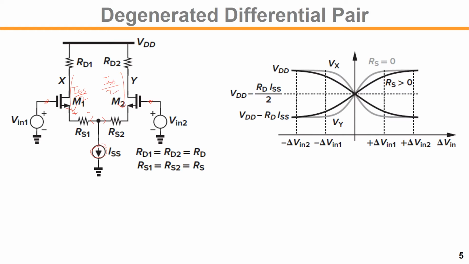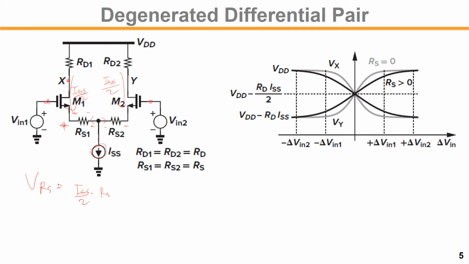In that case, the voltage drop across RS, VRS, would be ISS over 2 times RS. So it is reducing the voltage headroom for the input and the output.